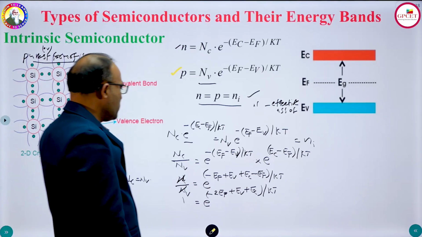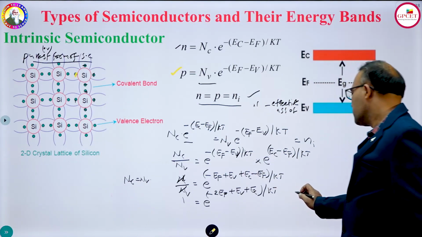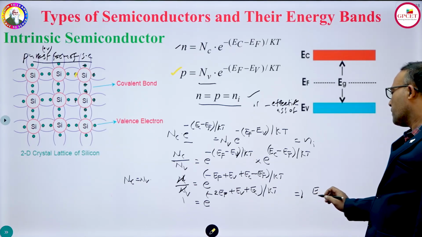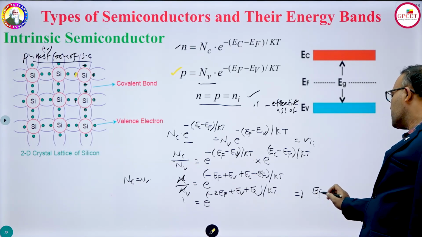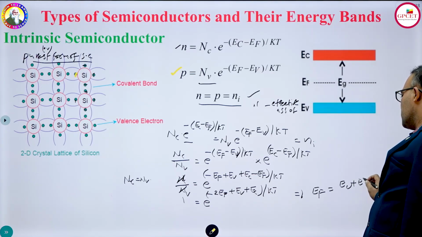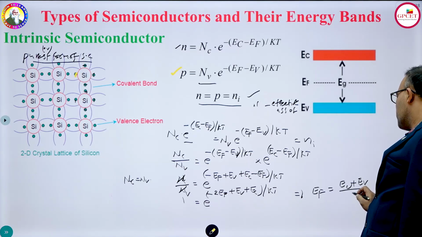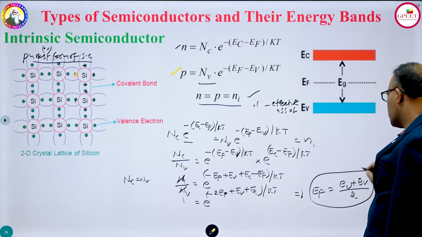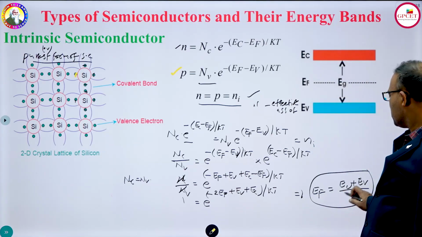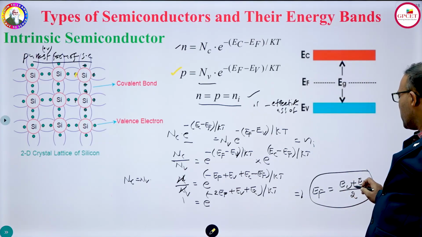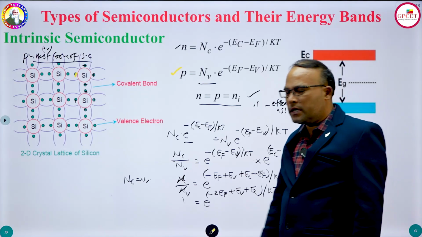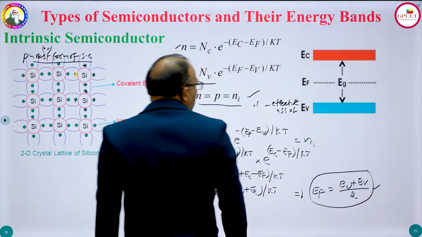So therefore here you get Ef is equal to Ec plus Ev divided by 2. That means for intrinsic semiconductor, the Fermi level lies in between the valence band and conduction band at the center point, that is Ec plus Ev divided by 2.